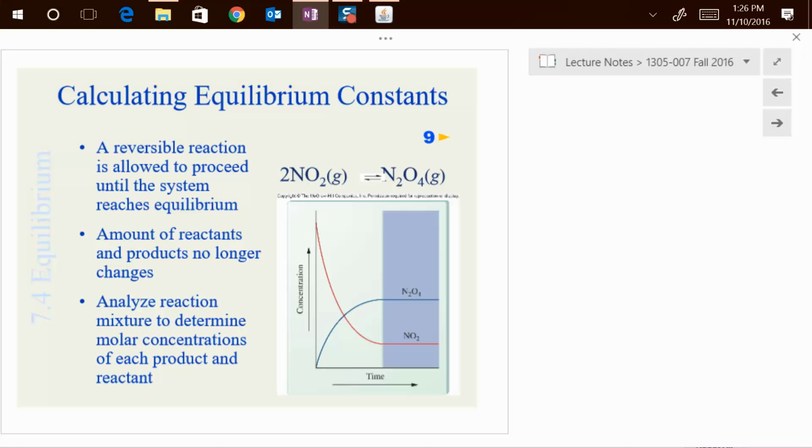NO2 had to decrease this much, had to react and form more N2O4 before that would push back into an equilibrium equation. So this is in the greater amount. So this is a product. Would my KEQ be greater than 1 or less than 1? Greater than 1, because the product concentration is higher than the reactant concentration.